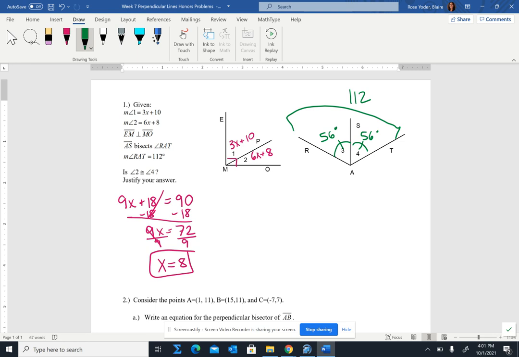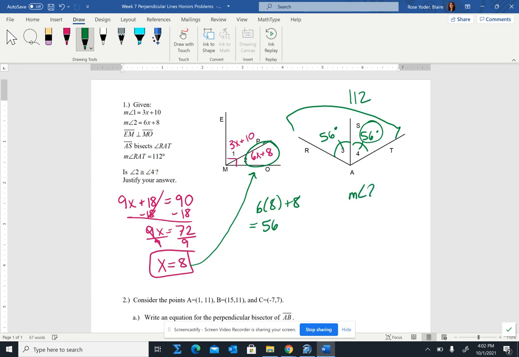And then it says, is angle 2 congruent to angle 4? Well, let's see. Angle 4 is 56 degrees. Angle 2 is 6x plus 8. So let's substitute x equals 8 back in and see if angle 2 is also 56 degrees. 6 times 8 plus 8 is 48, plus 8 is 56 degrees.